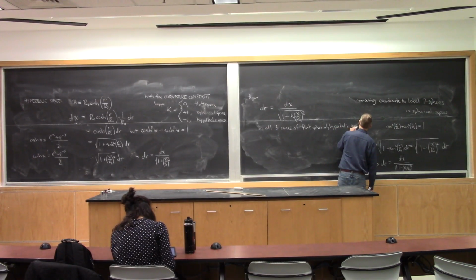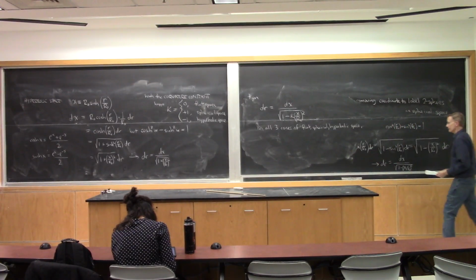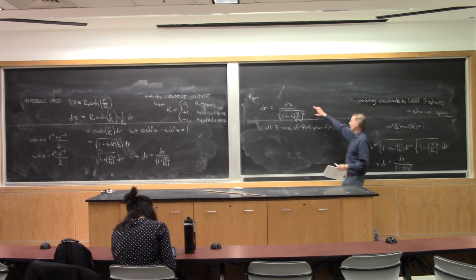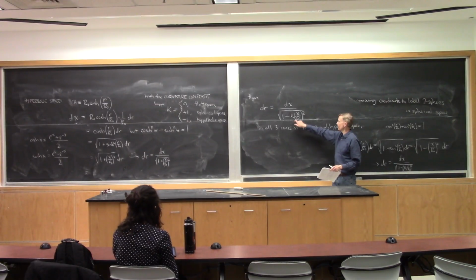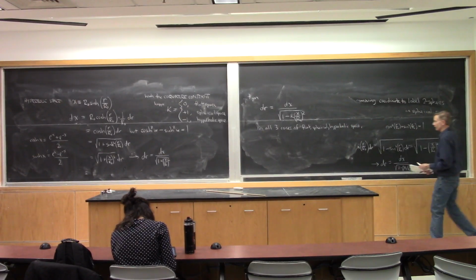And this is why it was decided to do this, because it always looks the same, and the only difference is whether kappa is 0, plus 1, or minus 1, and that tells you whether we're in flat space, spherical space, or hyperbolic space.